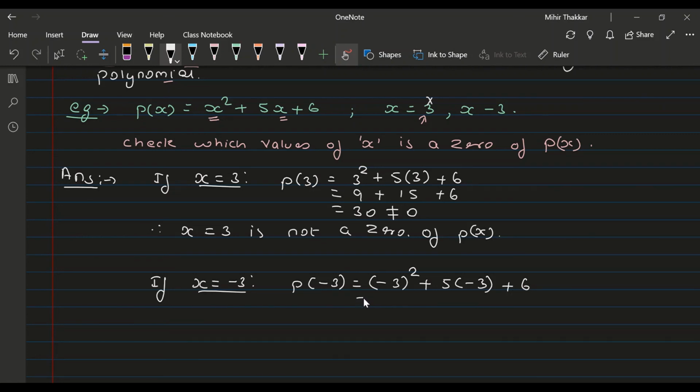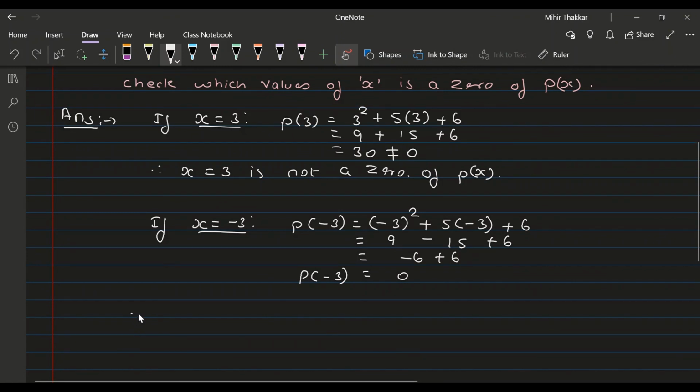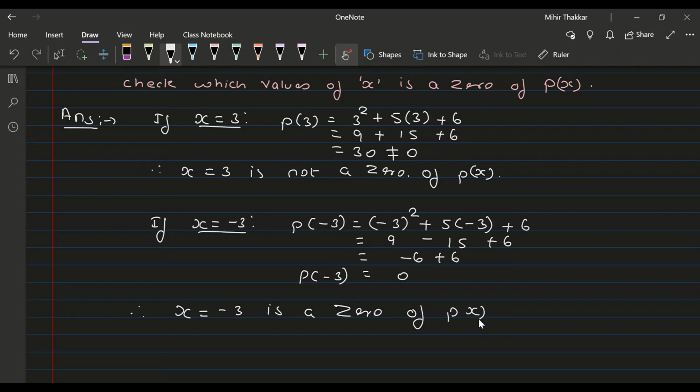Now negative number square is going to be positive, so this will become plus 9, plus the second term, plus and minus will become minus 15, plus 6. 9 minus 15 is minus 6 and plus 6, so the answer is equal to 0. So yes, p of minus 3 comes out to be 0 over here. It means that I can say x is equal to minus 3 is a 0 of p of x. Got it?